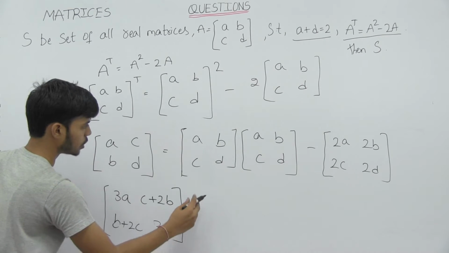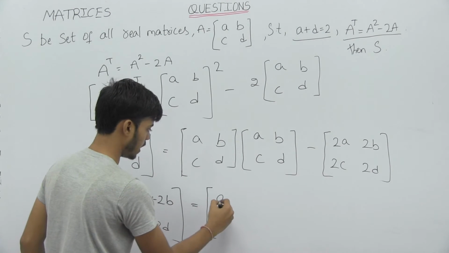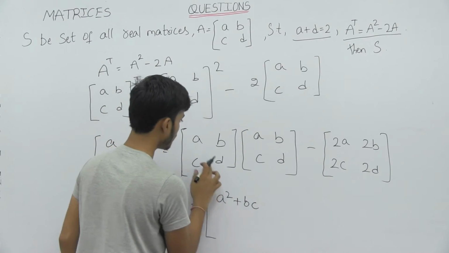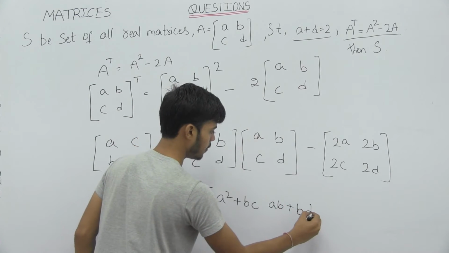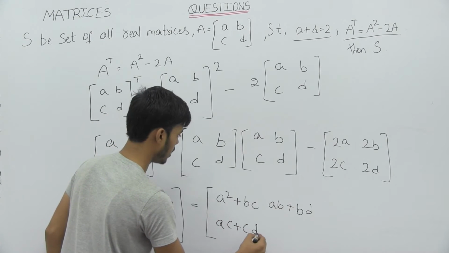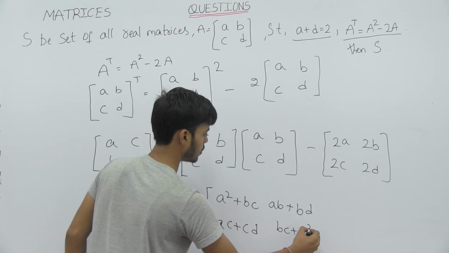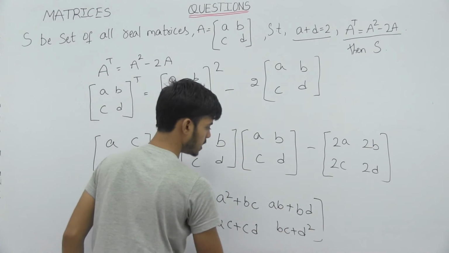This is equal to the product of these two matrices, that is A into A, A square plus B into C, A into B, AB plus BD, and AC plus CD, C into B which is BC, plus D into D is D square.